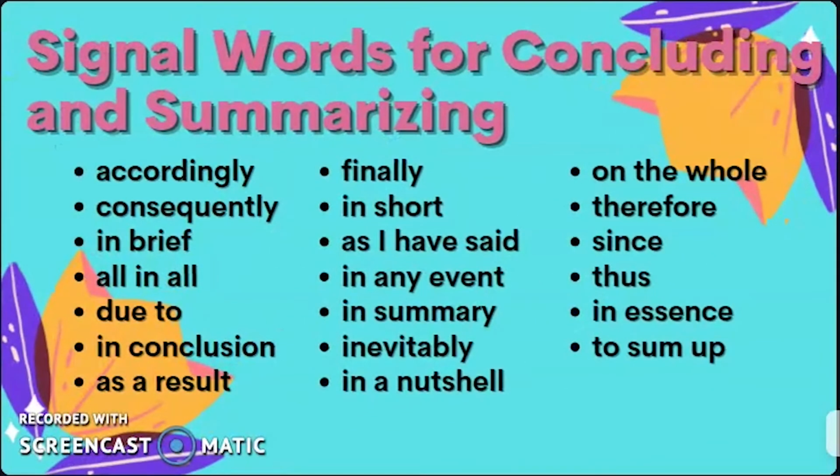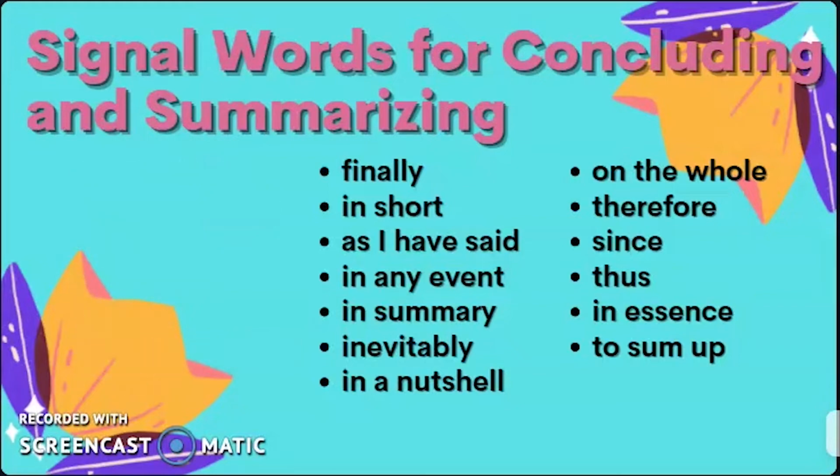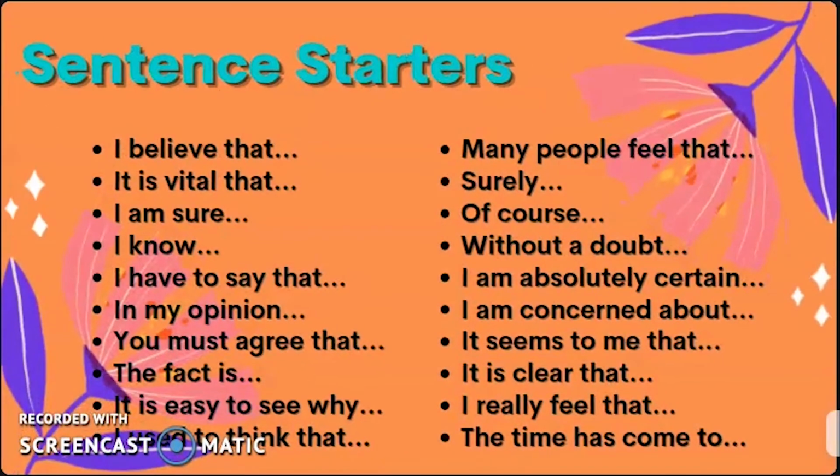If you want to end, conclude, or summarize your point in persuasive writing, the following signal words may be used. Lastly, the following are the different signal words that could be used as sentence starters in persuasive writing.